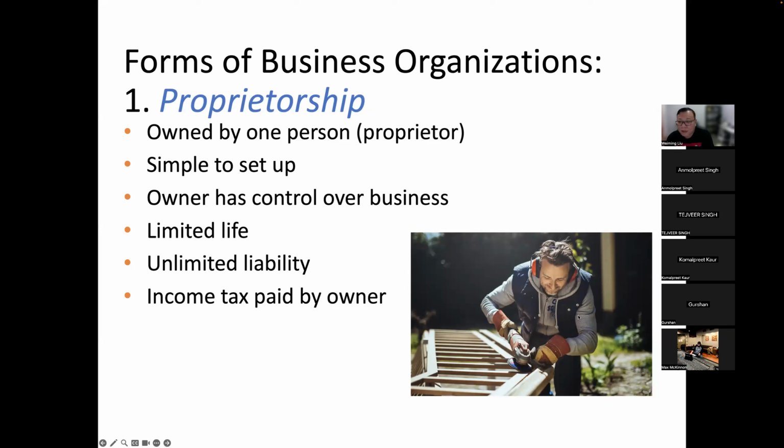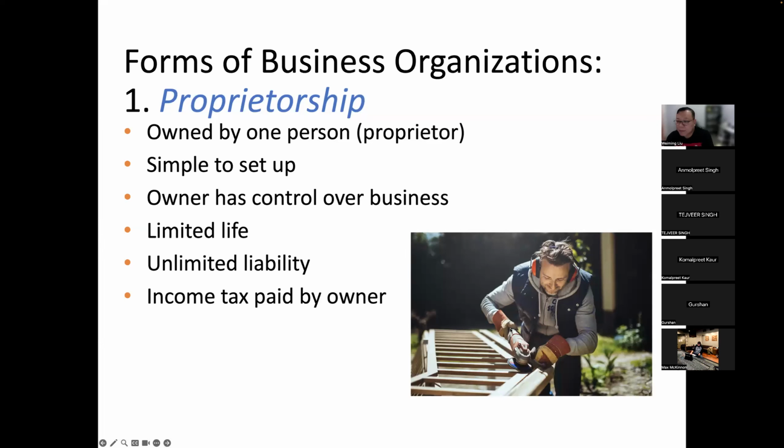And the liability means if that legal case needs to be settled for $2 million, he has to sell his house, his car, his belongings, probably declare bankruptcy, to settle that legal case. So as a proprietorship, you have unlimited liability, okay?